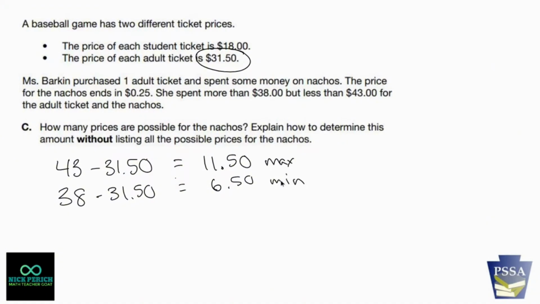So we can begin with the fact that it ends in 25 cents, which means $6.50 is actually not our minimum, because it has to end in 25. So the minimum is actually going to be $7.25. I'm going to say it in my brain and not list it out: $7.25, $8.25, $9.25, $10.25, $11.25, and that's going to be our max.